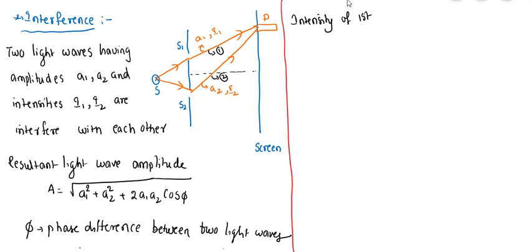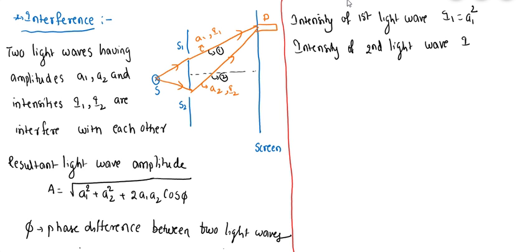The intensity of the first light wave we write as I1, which is A1 square. The intensity of the second light wave we write as I2, which is A2 square.